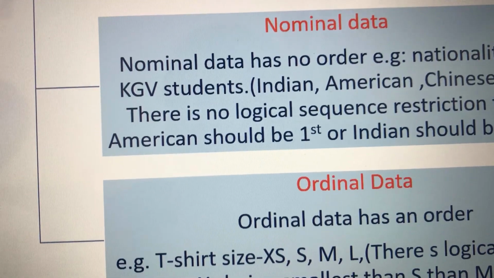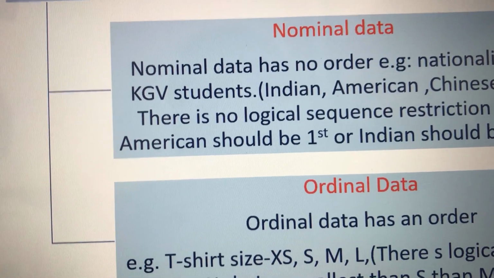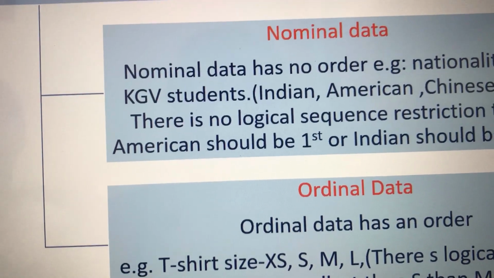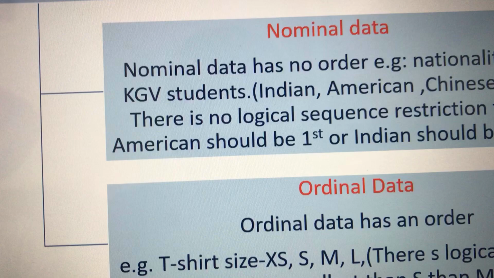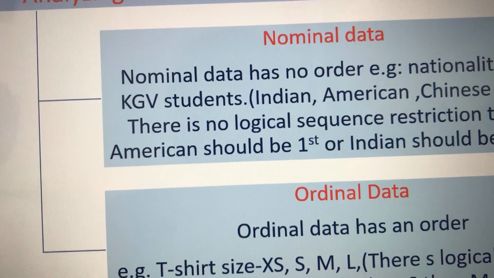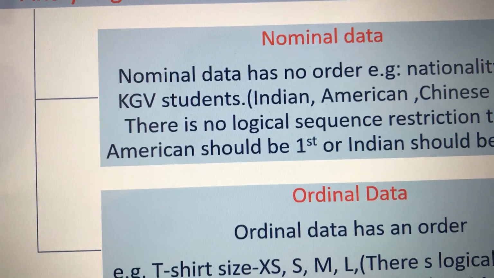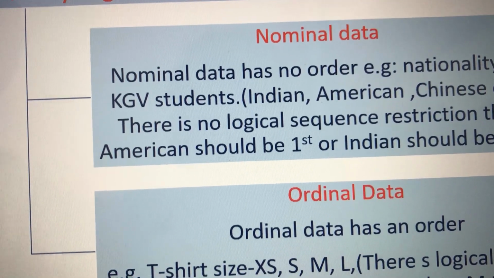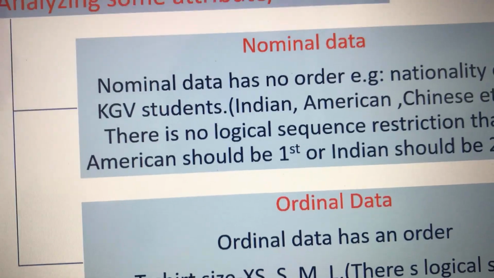Now let's say we come to the conclusion, out of 270 KGV year 7 students, 35 are American, 40 are British, 60 are Indian, 60 are Chinese, and likewise. You have the data, you have analyzed data, but this data has no order. Let's say one boy says American 35, then Indian 60.